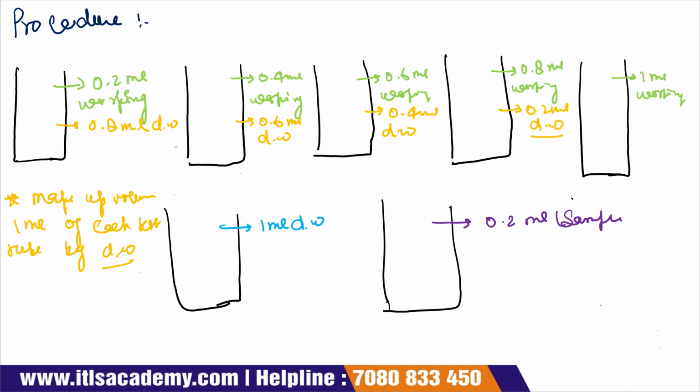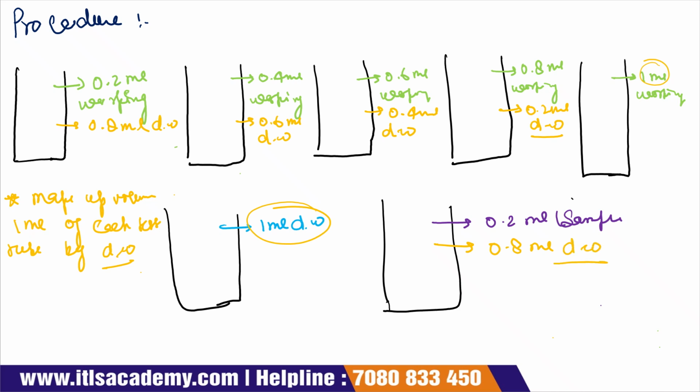In the fifth test tube, we are not going to add any water because it is already 1 ml. The same with the sixth. Then in the last test tube, we have to add 0.8 ml of distilled water.